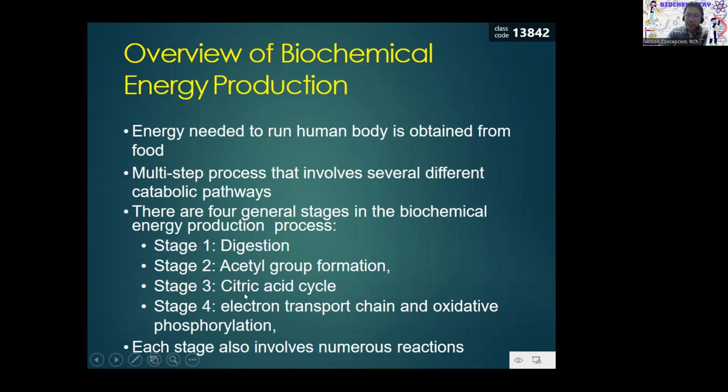What is the first exit? Kalimutan na rin. What is the first exit in the citric acid cycle? Correct, Nishin? Carbon dioxide is the first exit for the citric acid cycle.